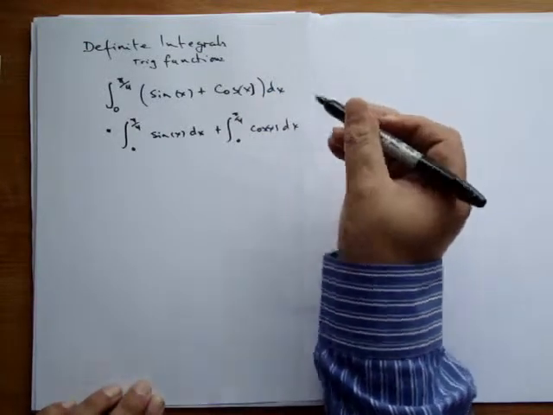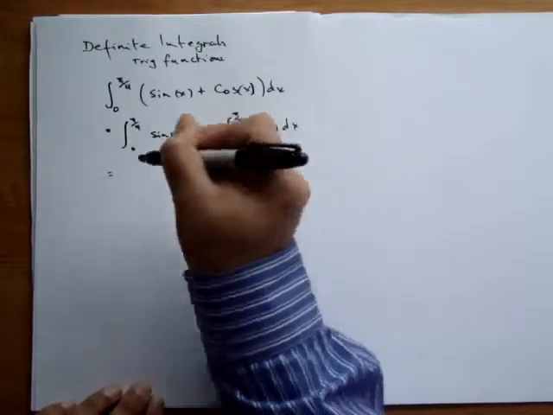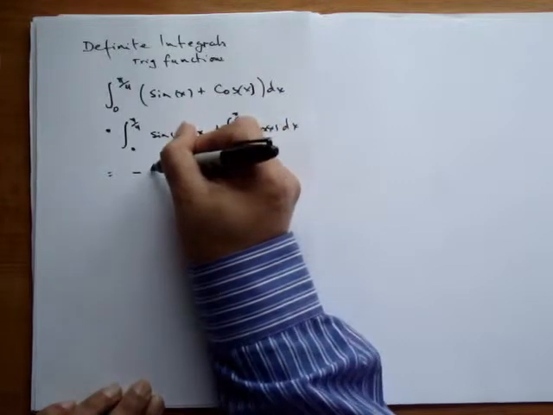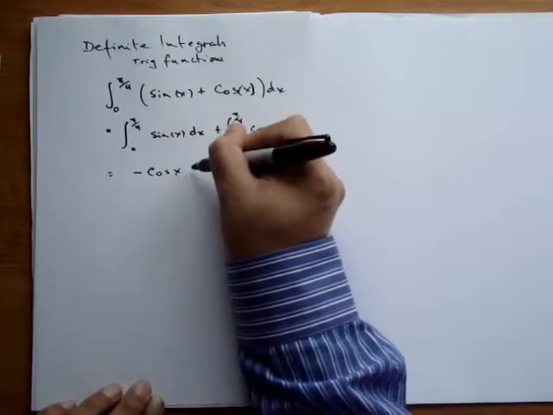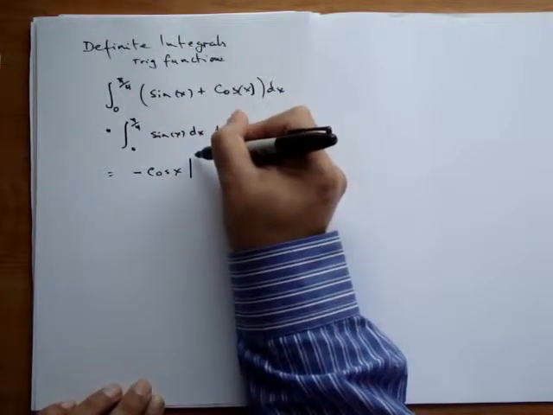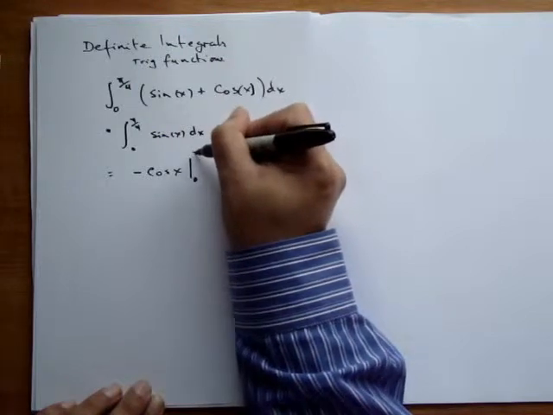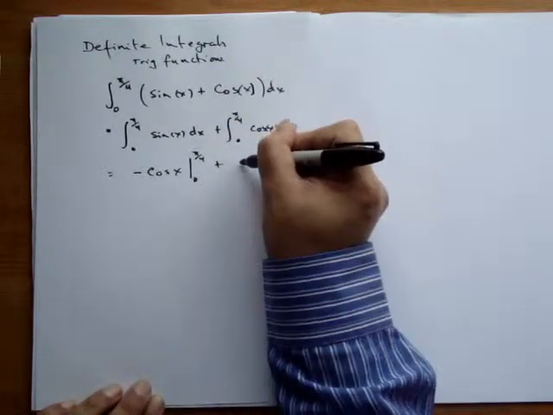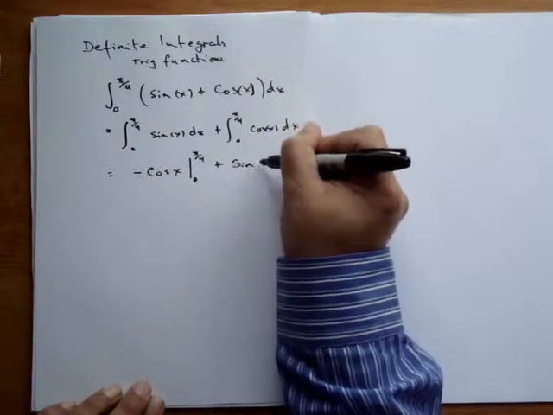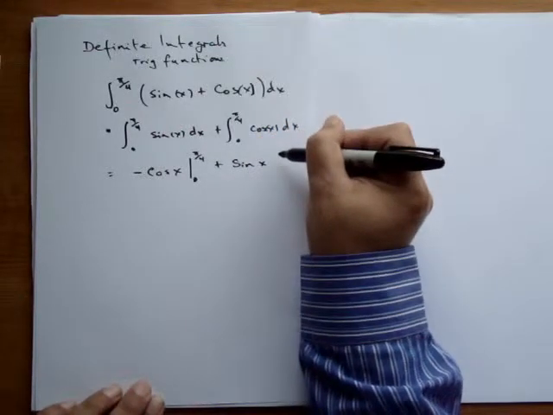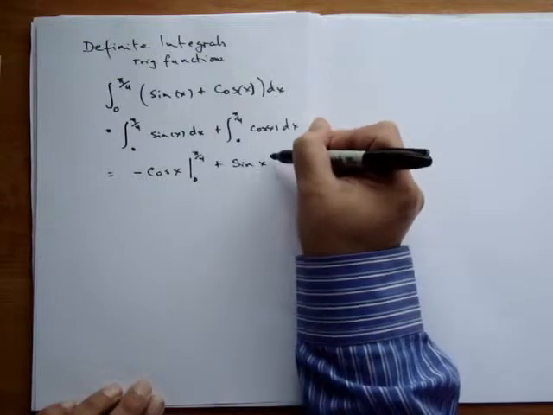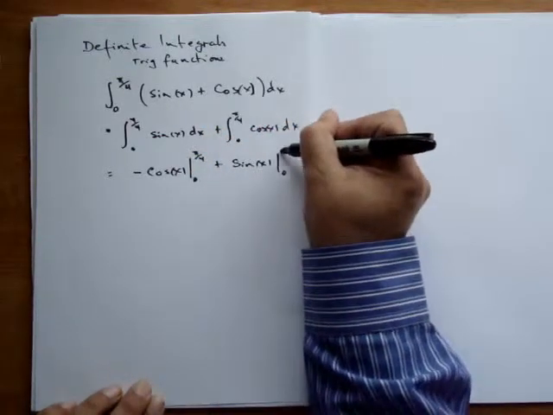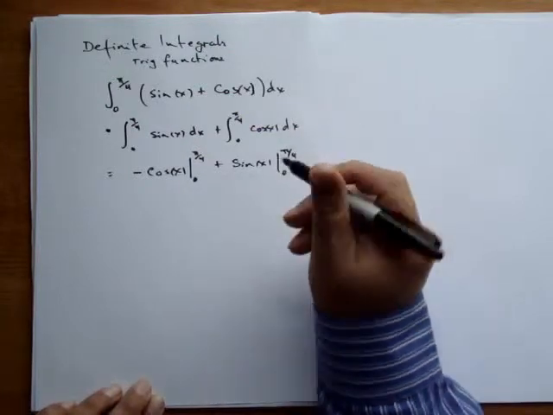When we do this, when we integrate sin x we get minus cos x, between the limits 0 to pi over 4, plus when we integrate cos x we get sin x, and that again is between the limits 0 to pi over 4.